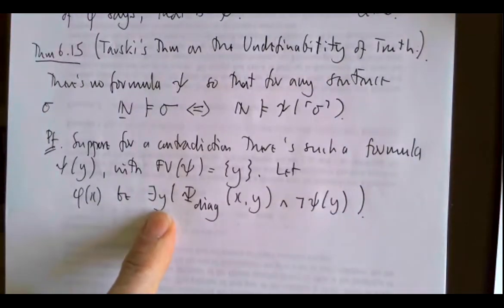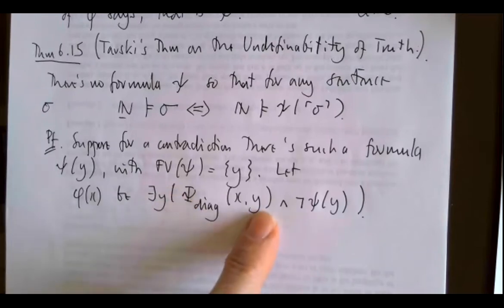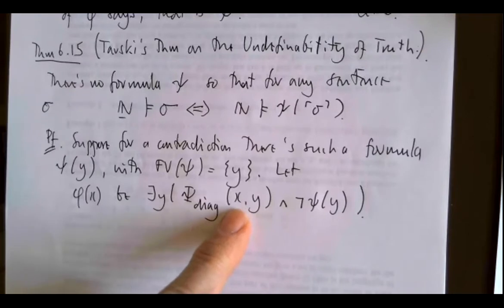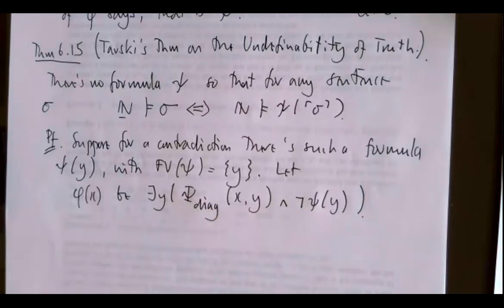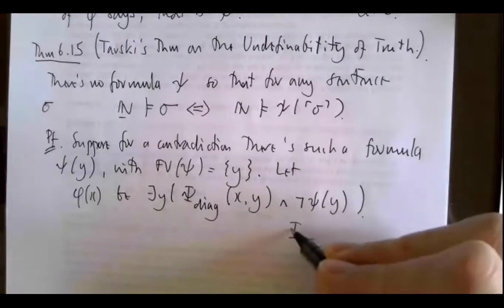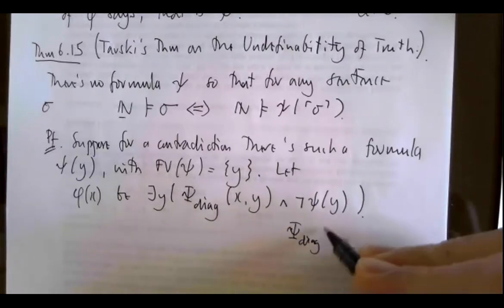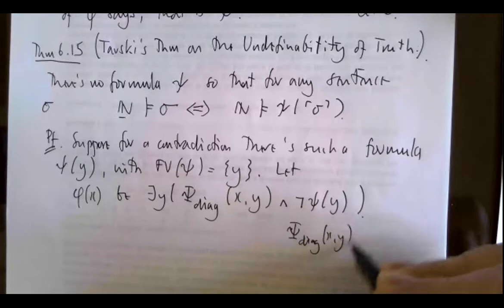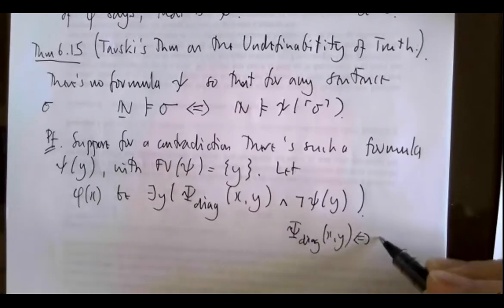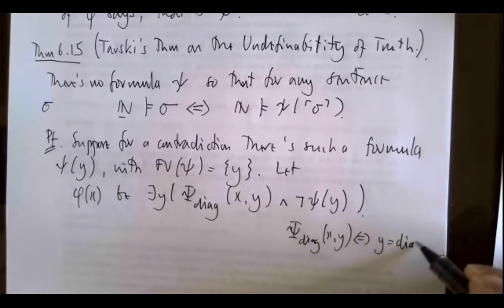So again, this says there is a y such that y is diag of x, and not psi y. So here, this holds if and only if y equals diag of x.